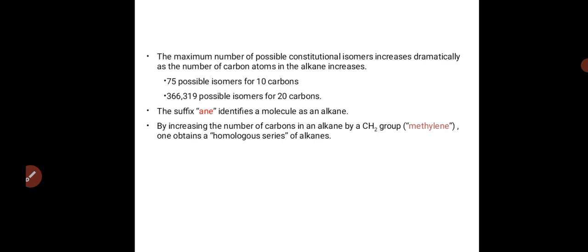The maximum number of possible constitutional isomers increases dramatically as the number of carbon atoms in the alkanes increases.